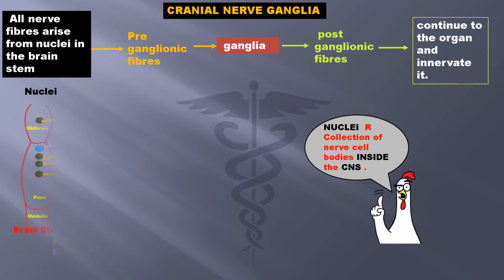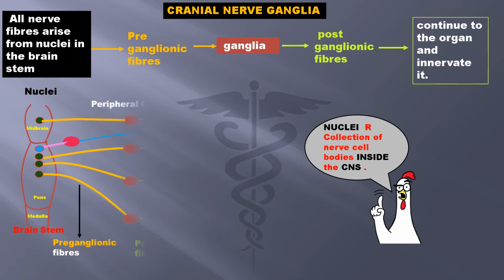Below you can see the nuclei in the midbrain and pons part of the brain stem, the preganglionic fibers, the ganglia, also called peripheral ganglia, and the postganglionic fibers. Since the ganglia are located outside the brain or the spinal cord, they are called peripheral ganglia.